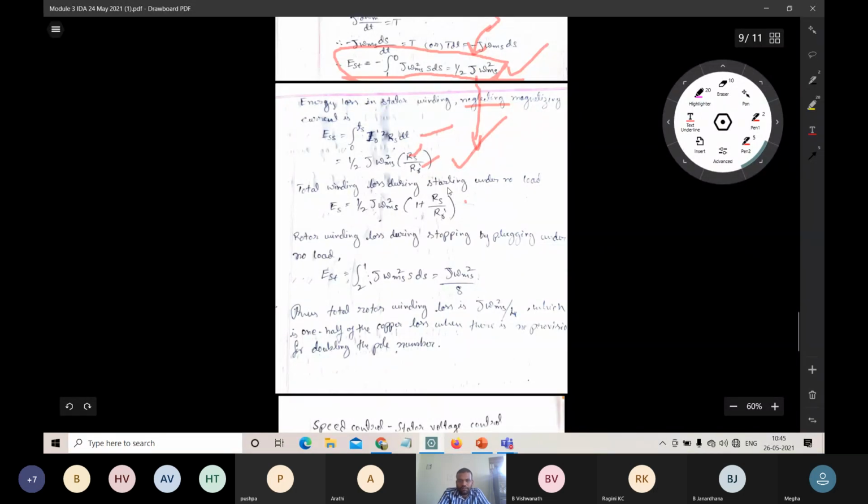So this would be the energy loss equation at the time of starting. You have to remember these equations, useful for solving numericals.